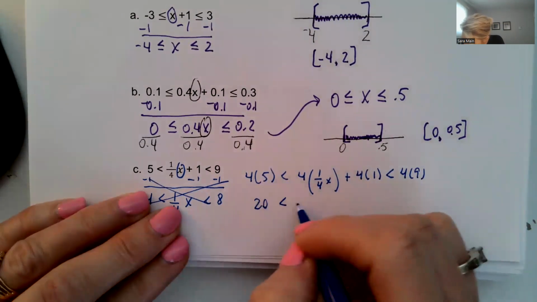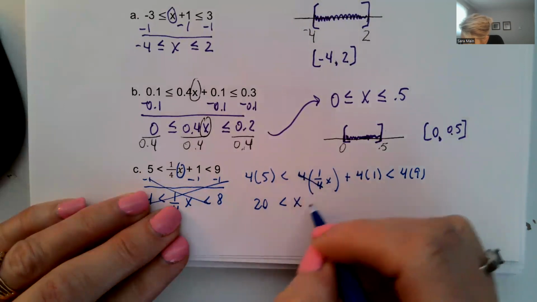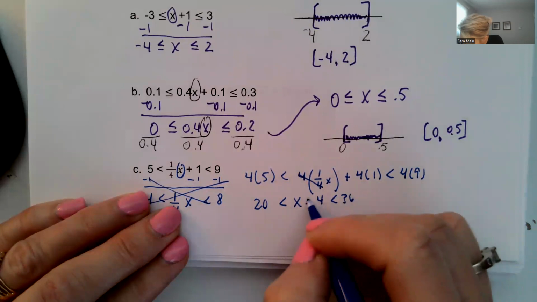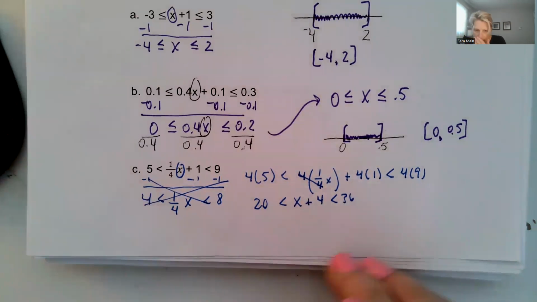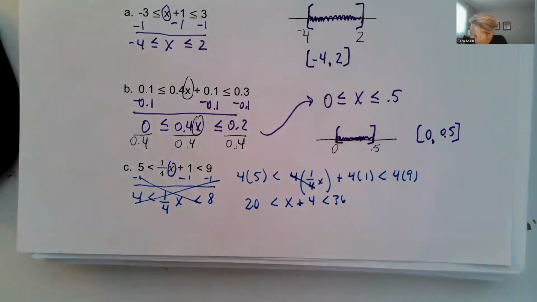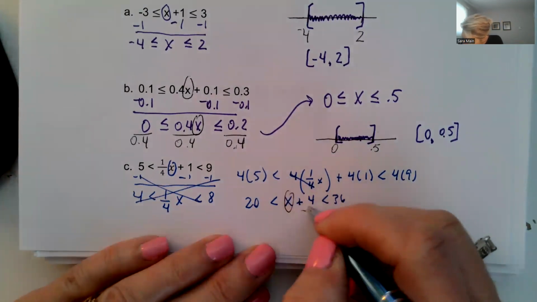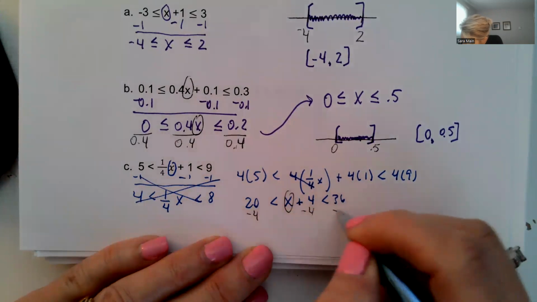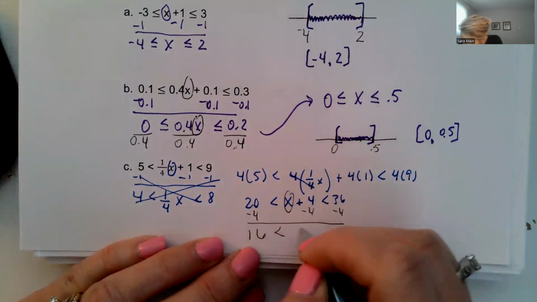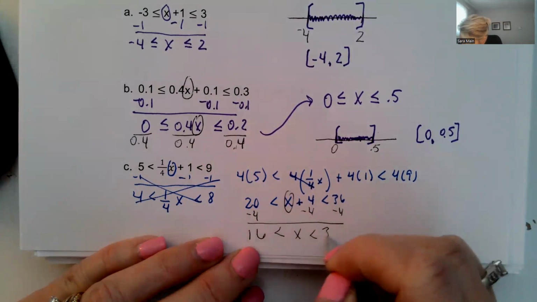So 20 is less than X because the 4's cancel, plus 4 is less than 36. So that eliminates our fractions. That's what we have been doing so far. And so to solve for X, I'm going to subtract 4. And we arrive at 16 is less than X is less than 32.